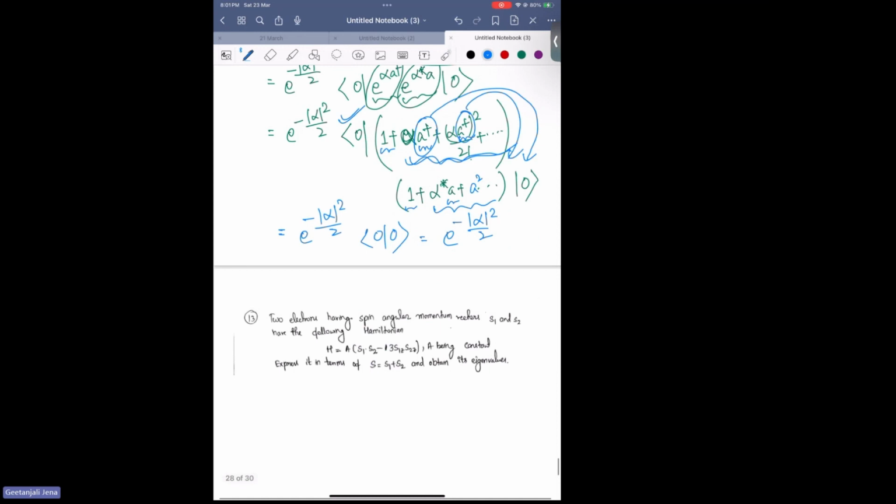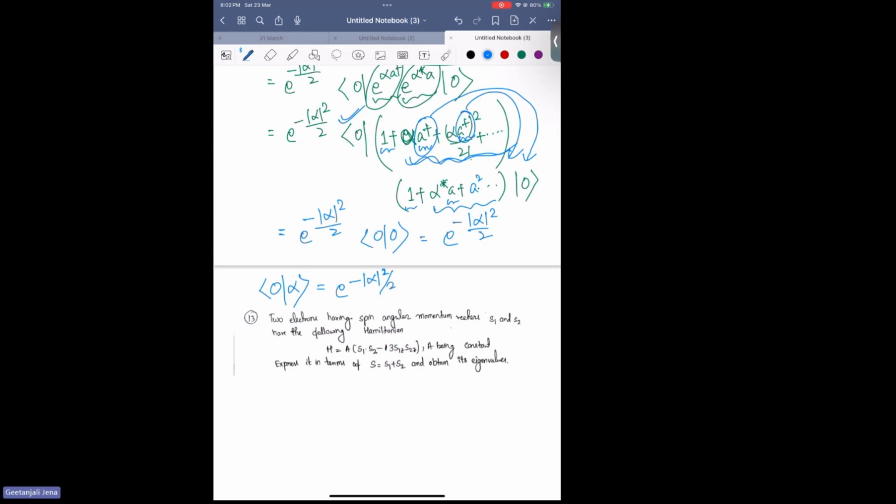So that means in a coherent state, the inner product of the vacuum state with the coherent state is nothing but e to power minus alpha square by 2. So remember this useful small fact. It will help you to solve complicated problems.